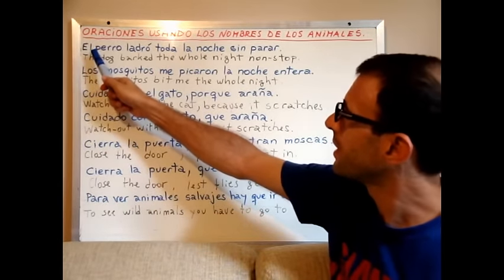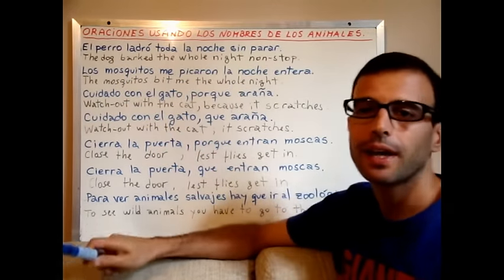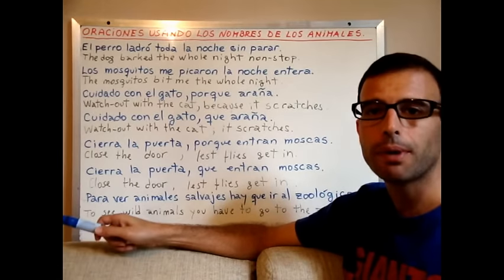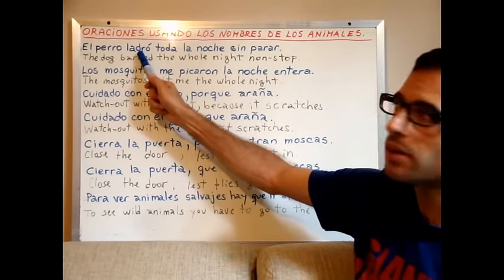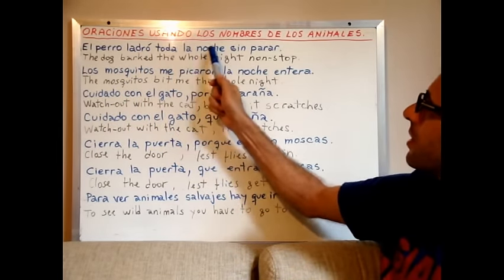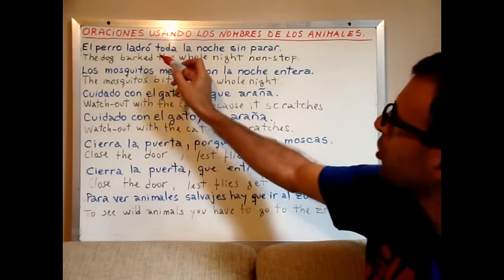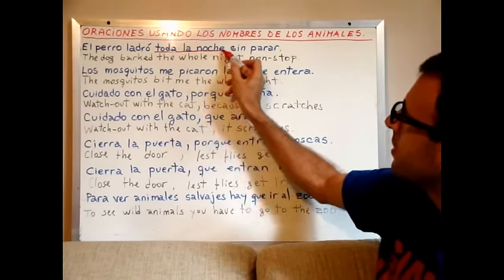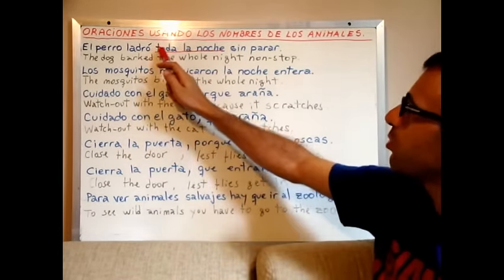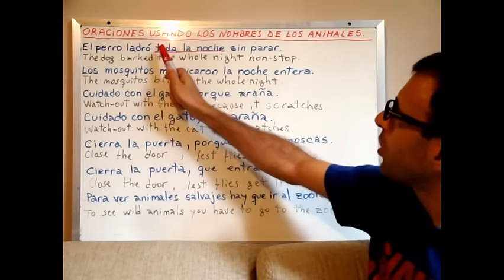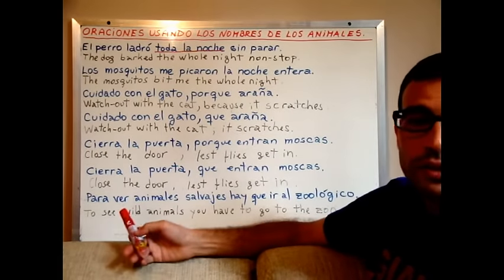So the first one is: El perro ladró toda la noche sin parar. This means the dog barked the whole night non-stop, okay? So, toda la noche means the whole night, right? Noche means night. Actually, this would literally mean all the night, so it means the whole night.